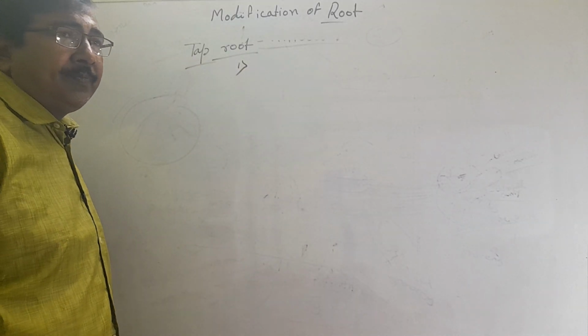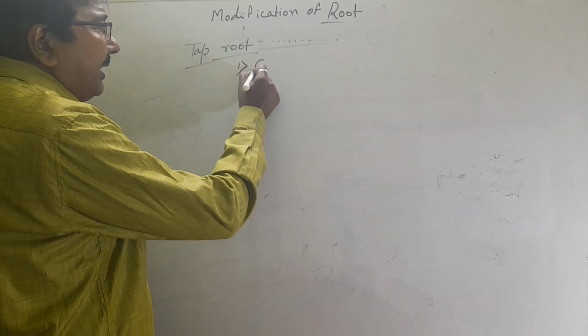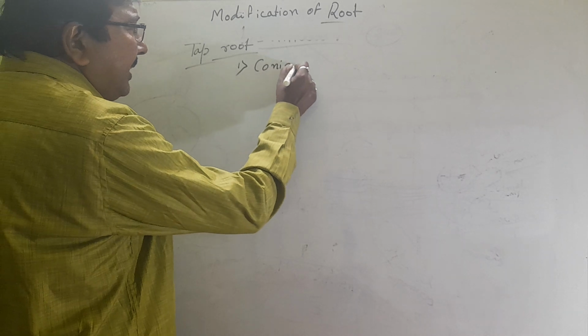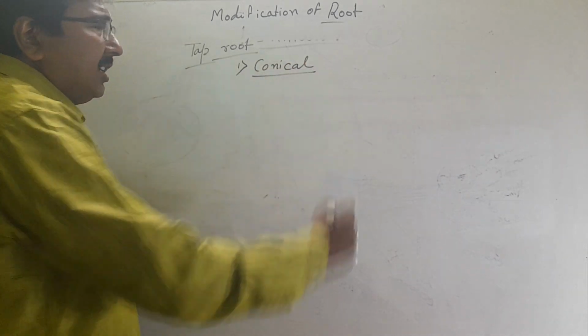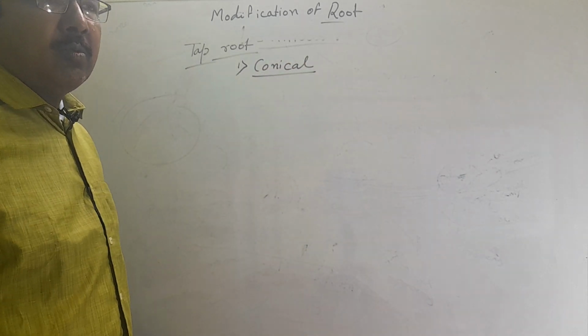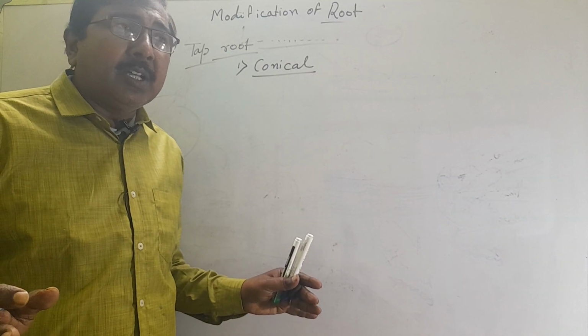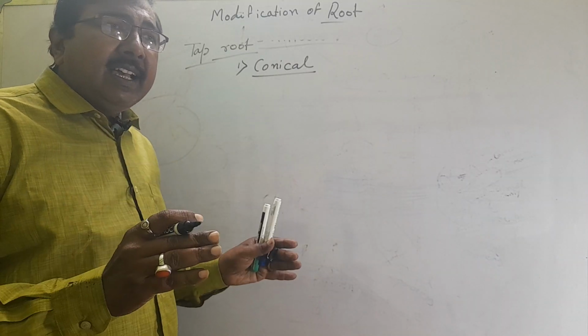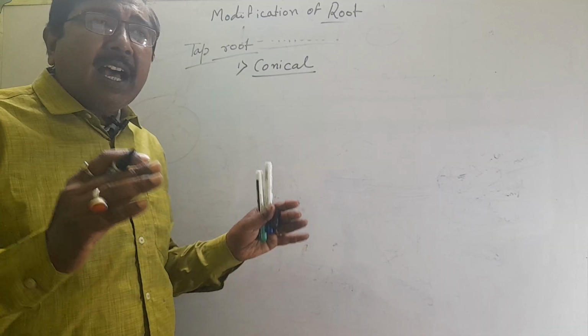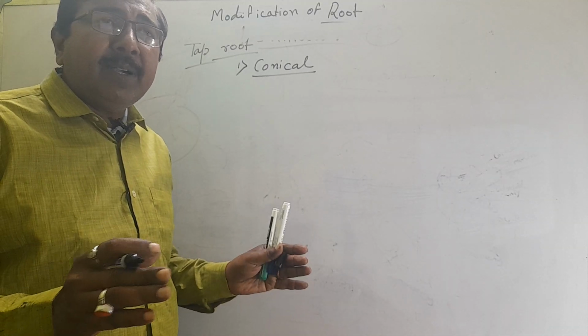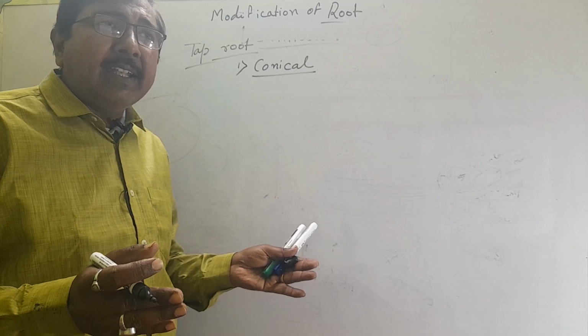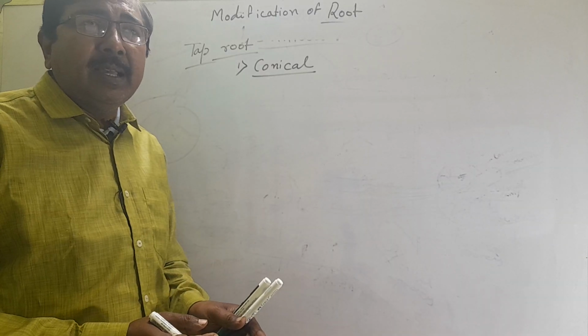Number one is conical. In this type of root, the upper part is thicker and the lower side is tapering.